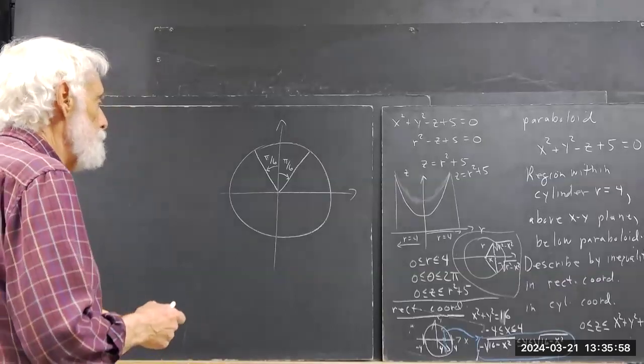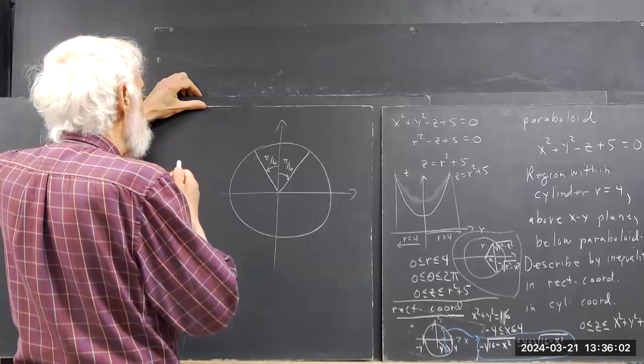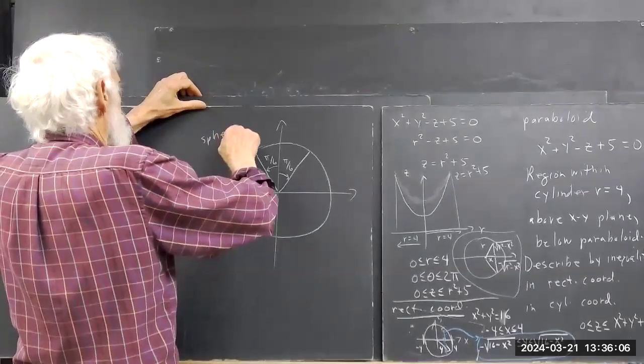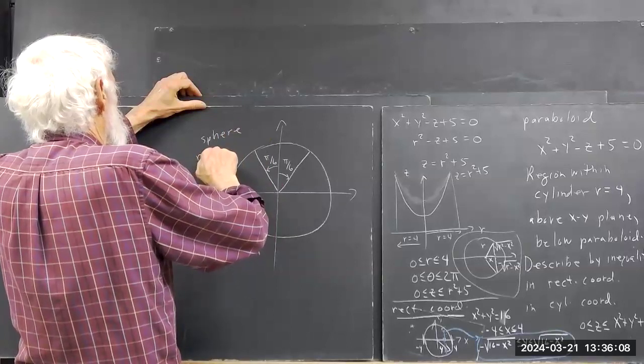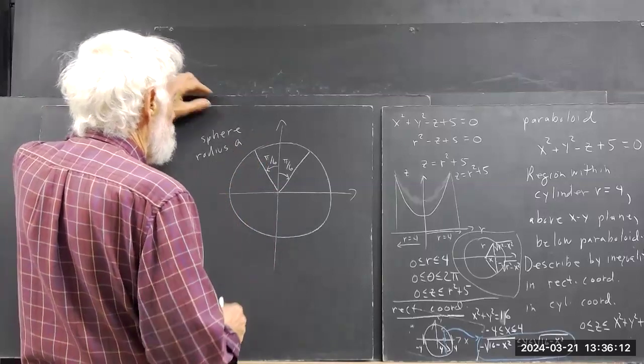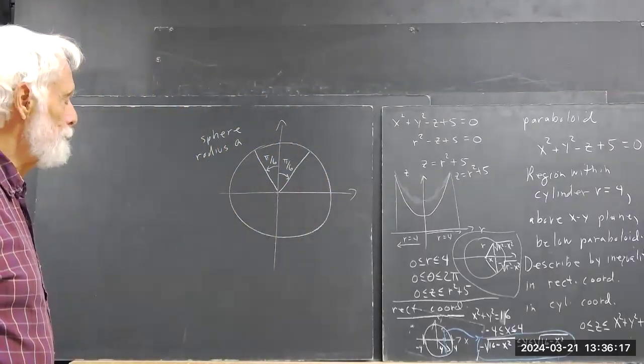If the radius of this sphere is A, you take this solid of revolution.